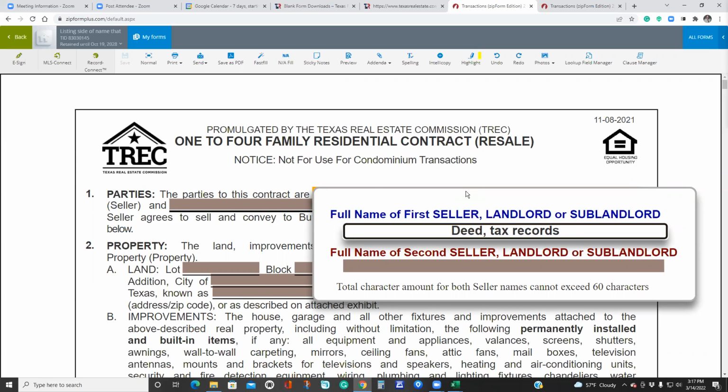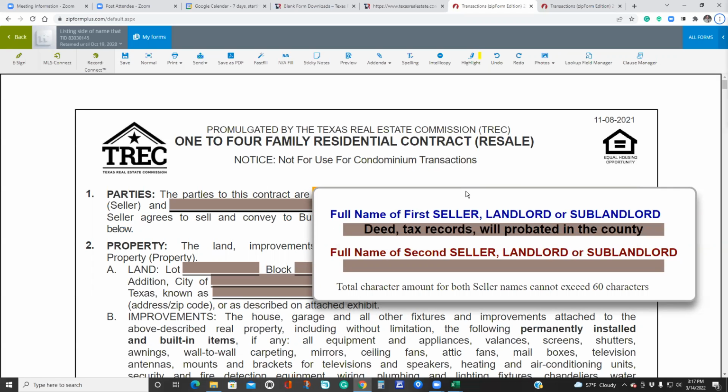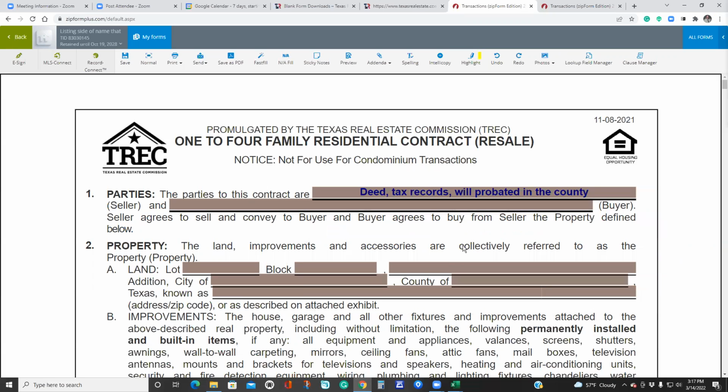If there was a will, we need to make sure that the will was probated in the county where the property's at. Any questions on that one?